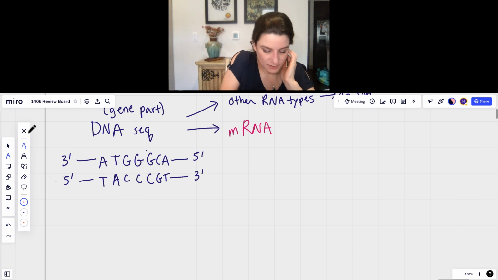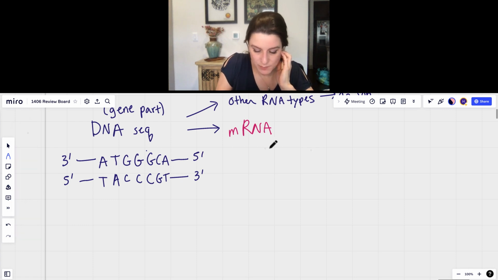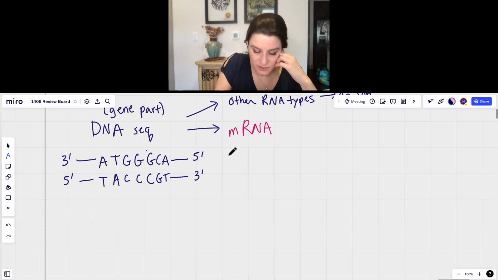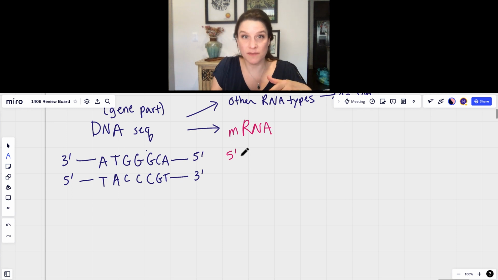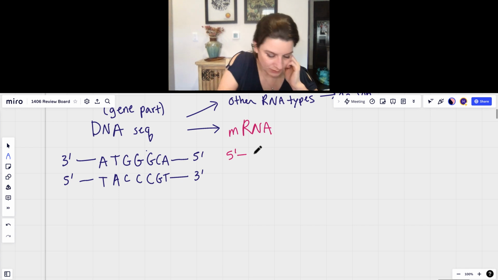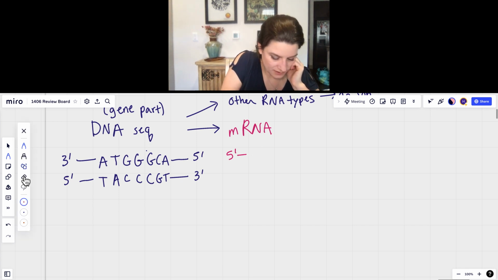Okay, so if this top strand is the template strand and we're building RNA from it, it's going to match up the RNA and the DNA. So RNA is built 5' to 3' because of adding only onto the 3' end. So let's say we're matching up here. This is how I want this to happen. This is not how I want this to happen. I'm sorry.